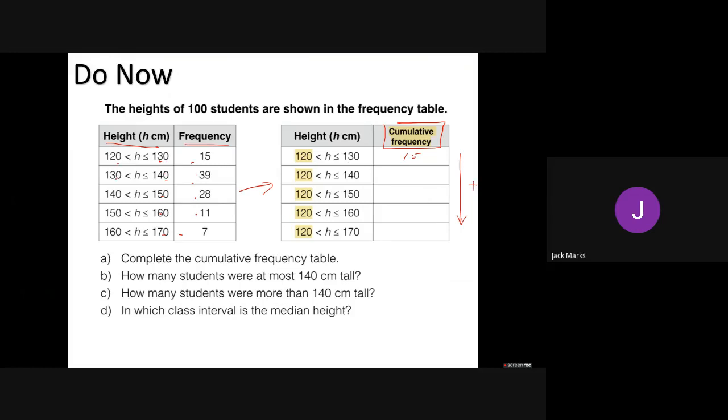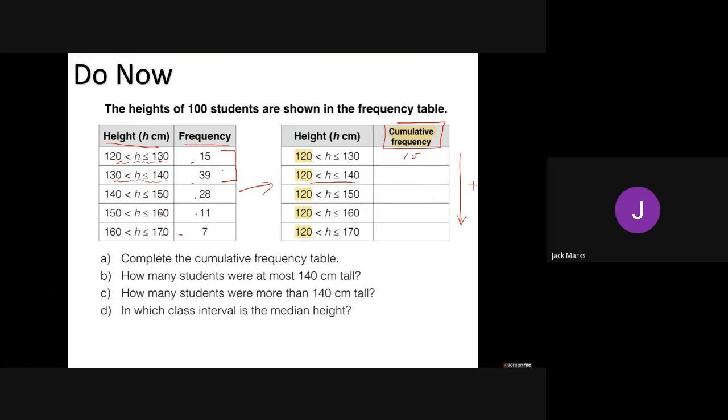Next, we look at how many people are of heights from 130 to 140. But if you look over here, this says people's heights from 120 to 140. So it doesn't just include the people in this group here, it includes the people in the group before. So that's why we're going to add these together.